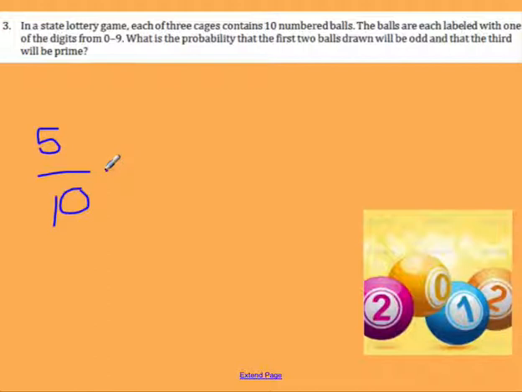So we're going to assume that that first round we drew an odd number. So that means there's 1 less number here and 1 less odd number there. Then when we want to figure out if there's a prime, we're going to assume we drew out an odd number. So there's 8 left, and then there's only going to be 2 prime numbers left after that because the prime numbers are 2, 3, 5, and 7.